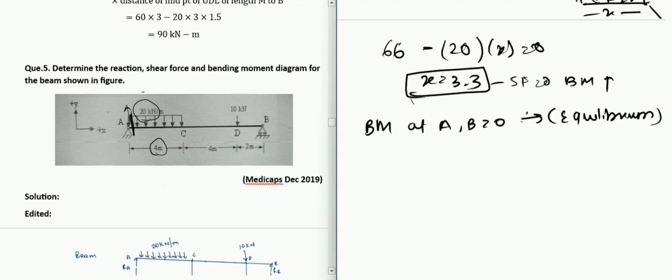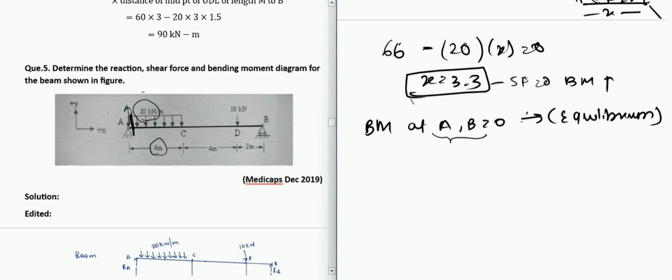You can just assume that the bending moment at the extreme point of the beam will be 0 always, because of the equilibrium condition, unless there is a fixed support. For hinge supports there is no movement, so there is 0 moment. But if there is a cantilever with a fixed support, there will be a moment at that point also. So unless a fixed support is given, you can assume that for hinge and roller supports the bending moment at extreme cases will be 0.